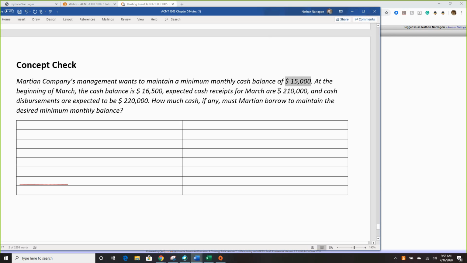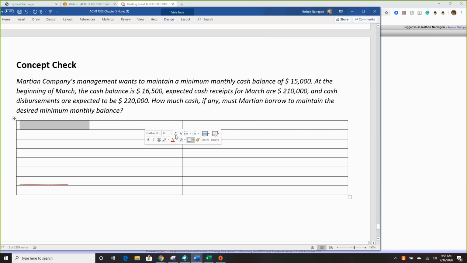Expected cash receipts for March are $210,000, and cash disbursements are expected to be $220,000. This one's a very simple budget, but they want to know how much cash, if any, must they borrow to maintain a minimum of $15,000.